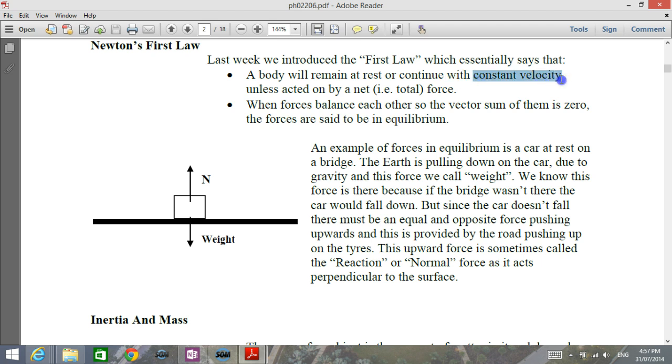So what does it mean by constant velocity? Just remember, constant velocity means acceleration is zero. So Newton's first law basically tells us, unless there is a net force, the acceleration of an object will be zero.